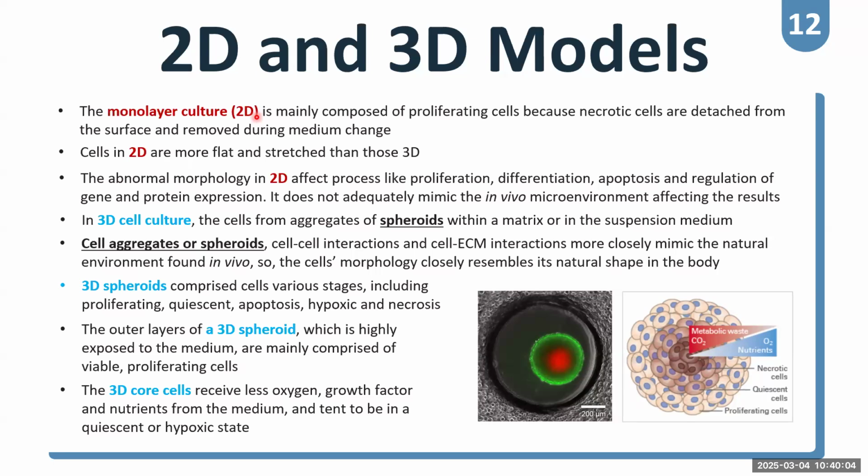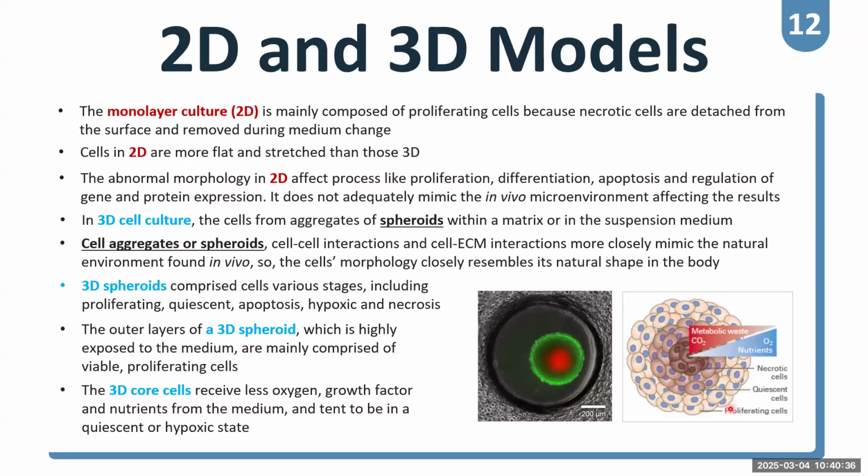But the 3D structure means the cells come together and aggregate to form a 3D structure. So you have to be concerned that when it aggregates, it has layers of cells. From this, we can separate it into 3 layers of cells. From the outside, we call it the proliferative zone.